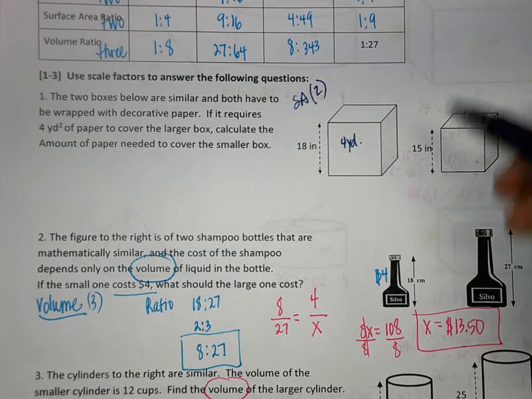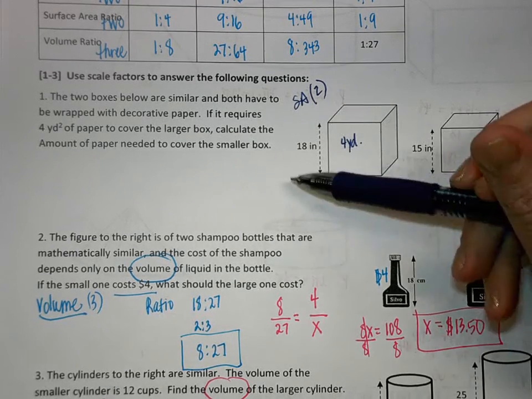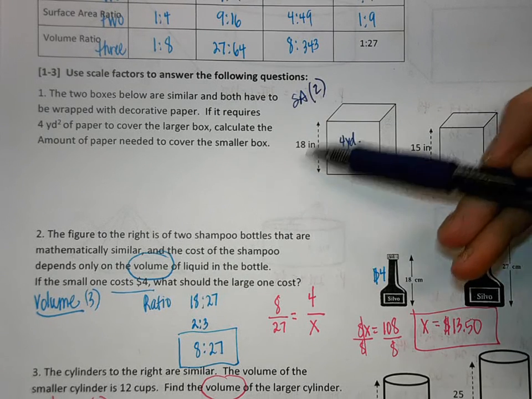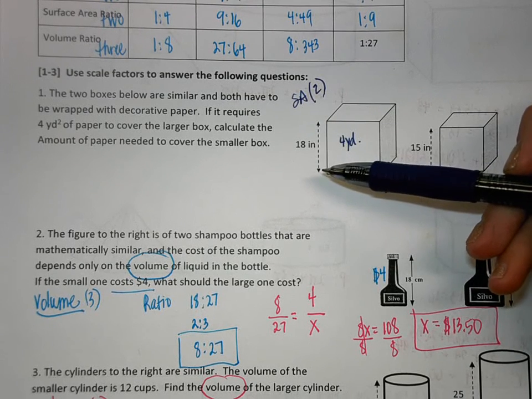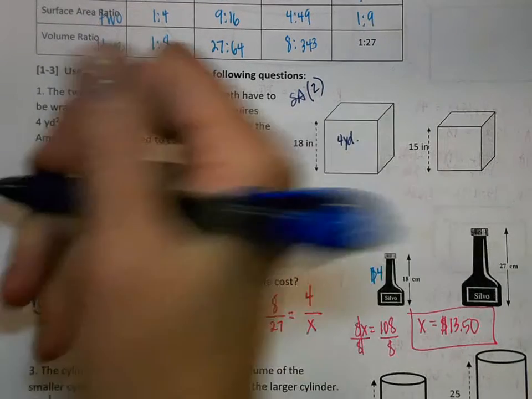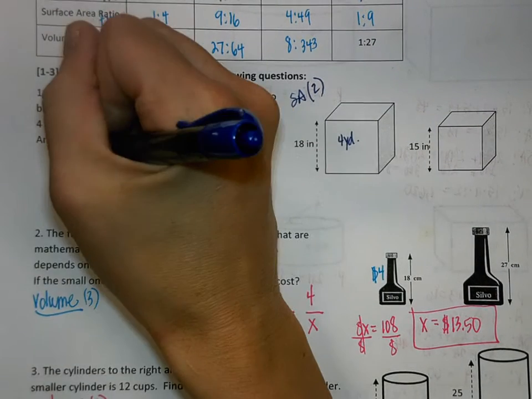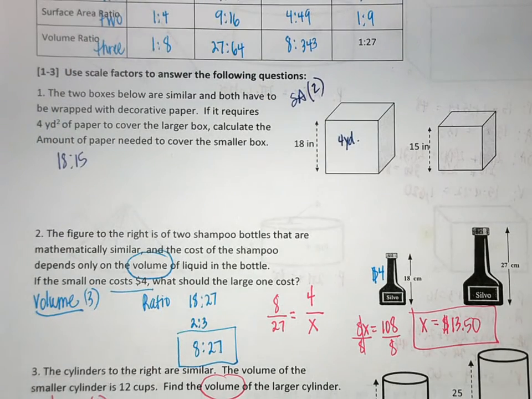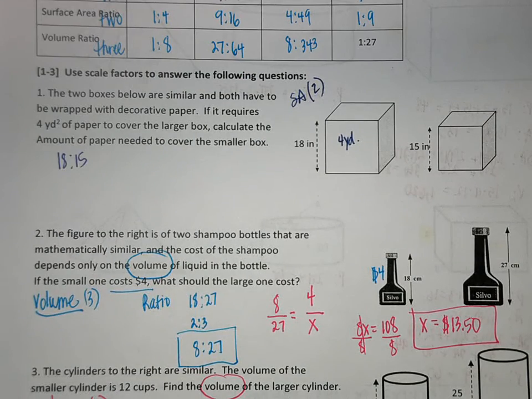Now, before I get into all these different measurements, because we have 4 yards versus inches, we're going to have to do some conversions here. What should I do with my ratio? Let's set it up first. So my ratio is 18 to 15. And what dimension is that ratio in right now? It's in height, which is 1 dimension, right?